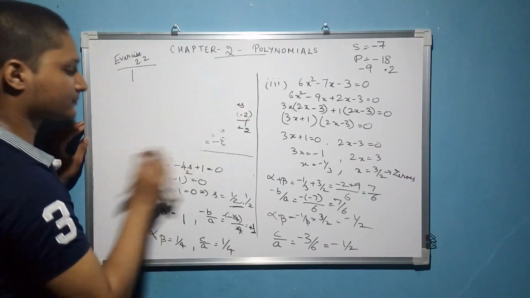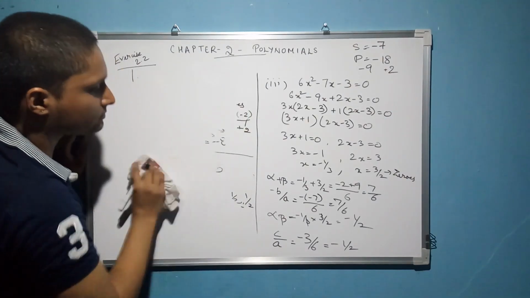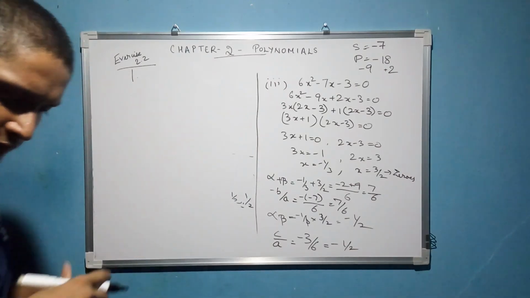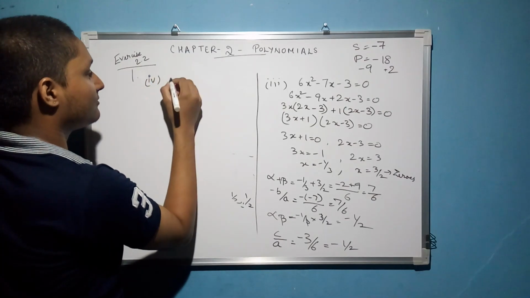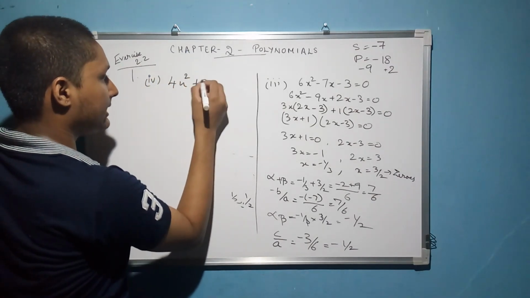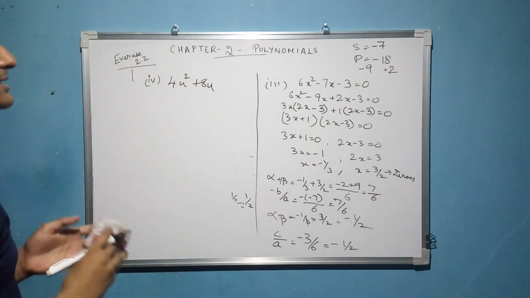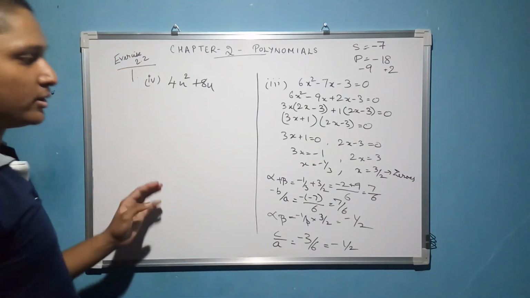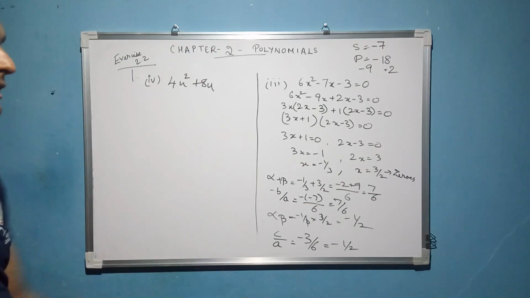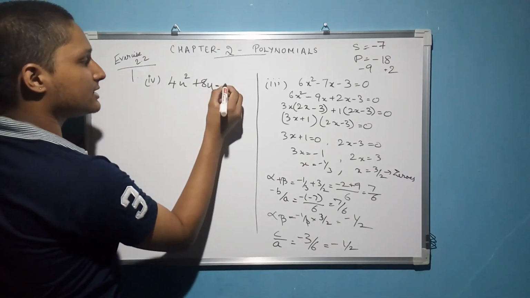The fourth one is 4u square plus 8u. They have used a different variable, so this is a different type of question. How to find out the factors is more important than just going on doing this methodically. Now you have 4u square plus 8u is equal to 0.